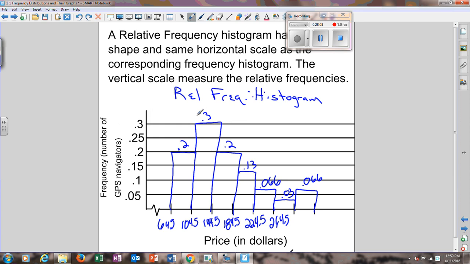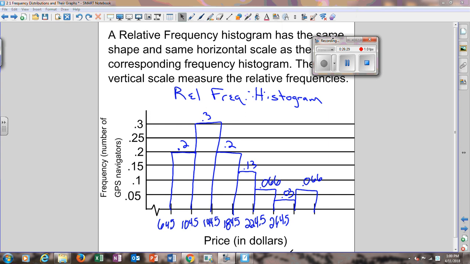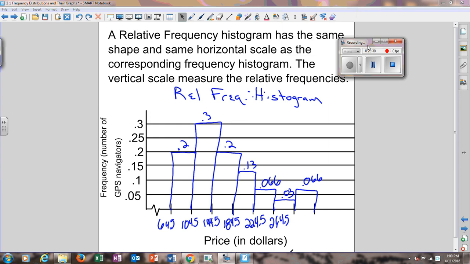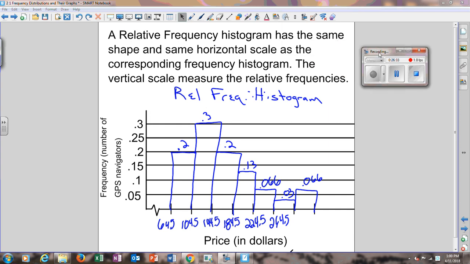Relative frequency histogram. All we're doing for this is doing a relative frequency. So we're just taking our relative frequency that we had from that table that we drew. It'll have the same shape and same horizontal scale as the corresponding frequency histogram, but the vertical scale just measures the relative frequencies.